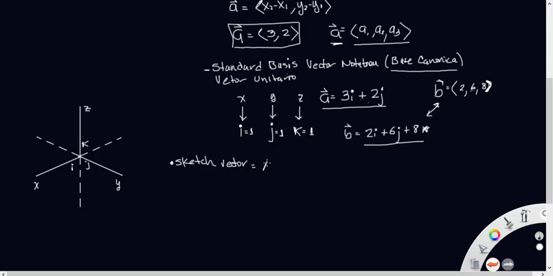Let's say point A has coordinates 2, minus 3, 4, and point B will be minus 2, 1, 1.